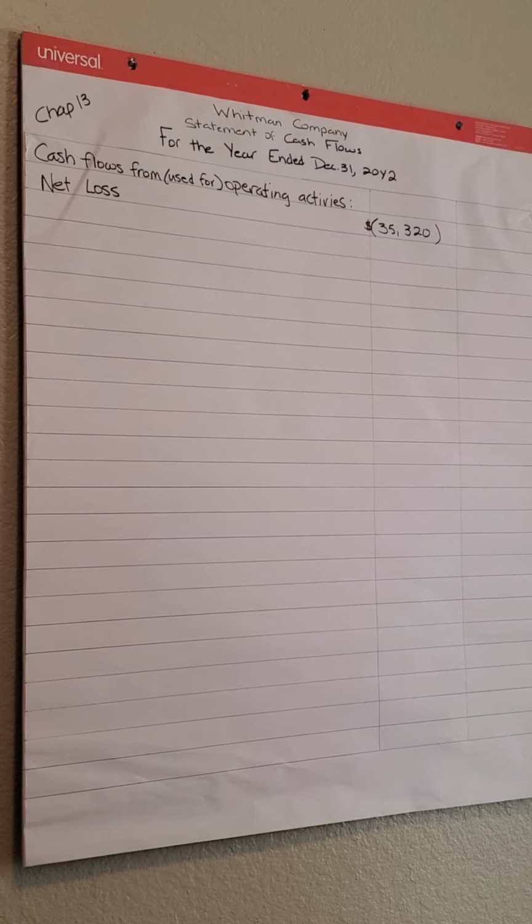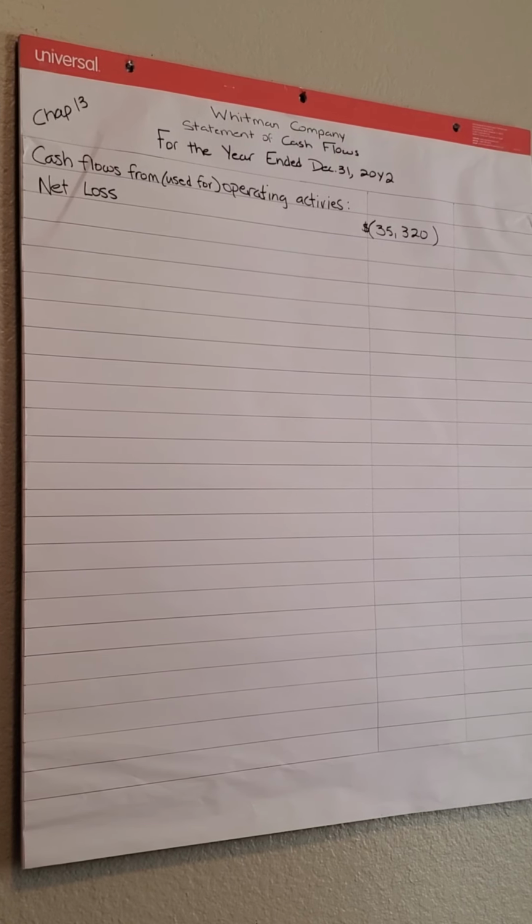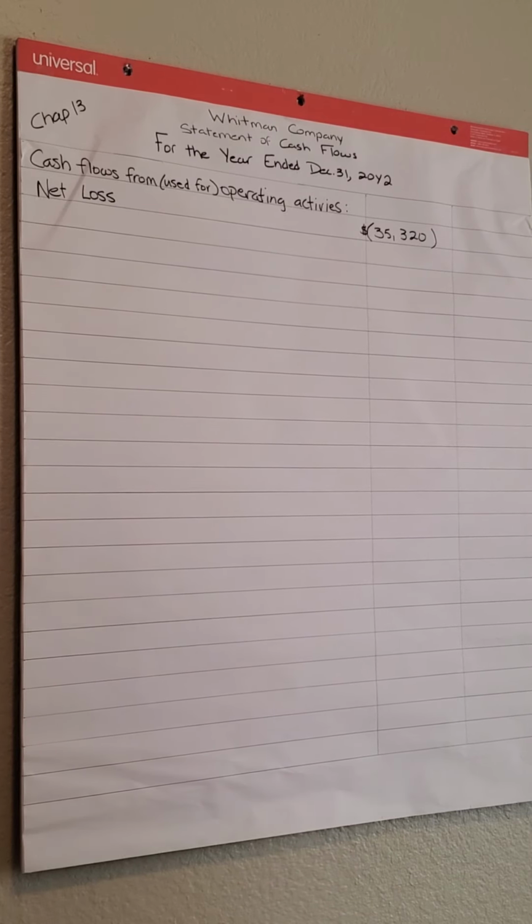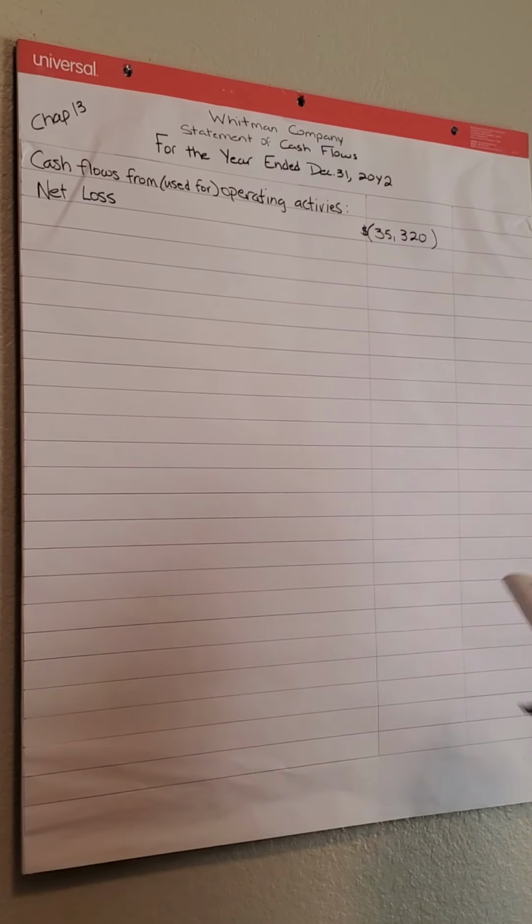So then we're going to look at operating items, so revenue and expense items that have impacted the net loss account. So the next one is adjustments to reconcile net cash flows from operating activities. So let me put that up here.